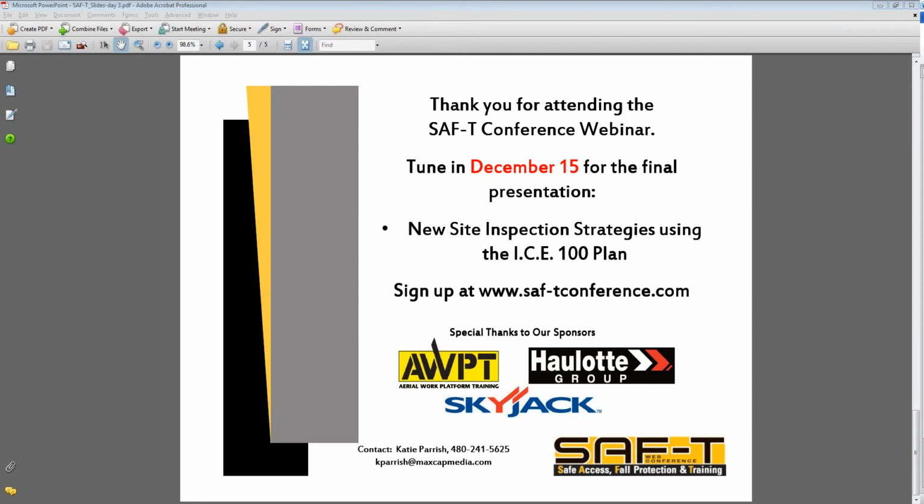How long your lanyard is and those types of things are a bit out of the bounds of this, but certainly if you're on a boom lift, the requirement is that you wear some sort of fall protection, and that fall protection has to be attached to the manufacturer's anchor point. Okay.